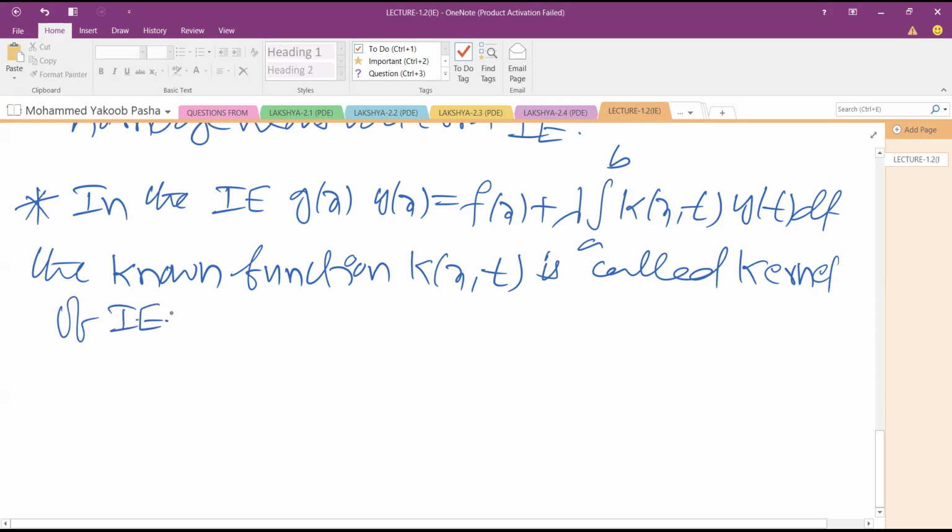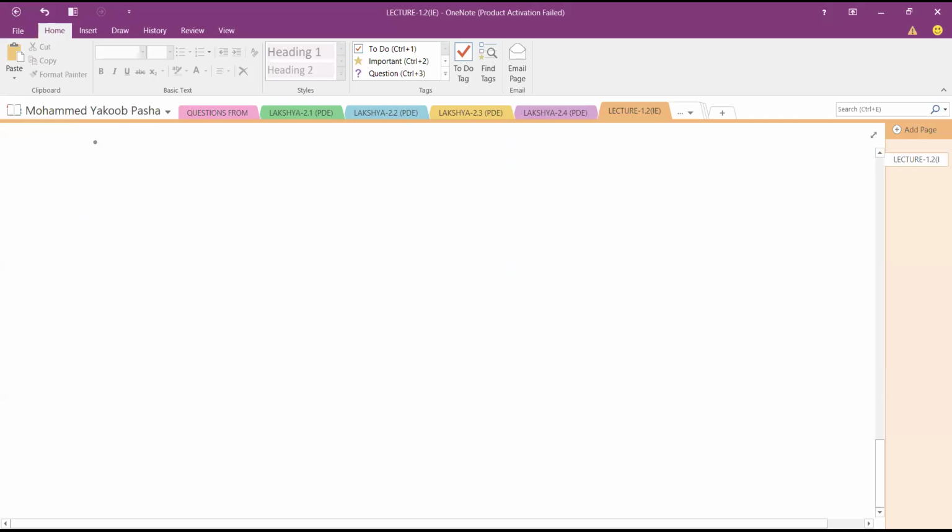We can classify kernels of integral equations into symmetric kernel and skew symmetric kernel. Now here the important topic is the degenerate kernel.